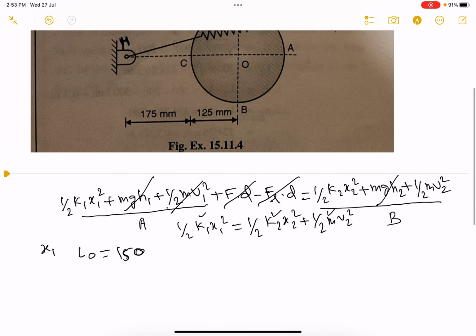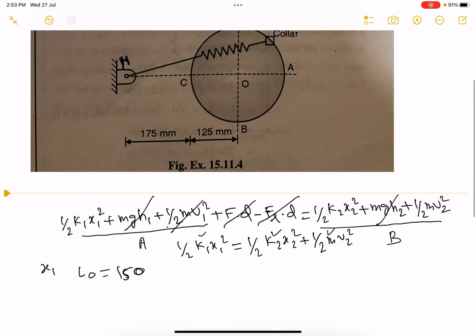So when the collar is at A, the total length of the spring at A is equal to HC plus CA. HC is how much? 175.